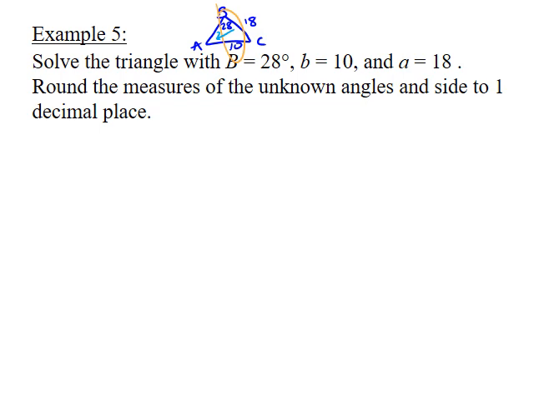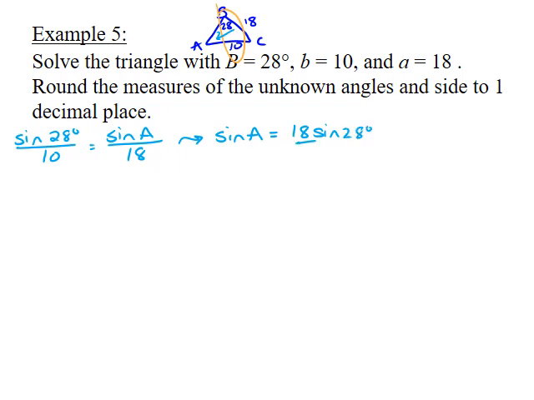So setting this up, I'll have sine of 28 degrees divided by 10 is equal to sine of A divided by 18. Cross multiplying gives me sine of A is equal to 18 sine of 28 degrees divided by 10.